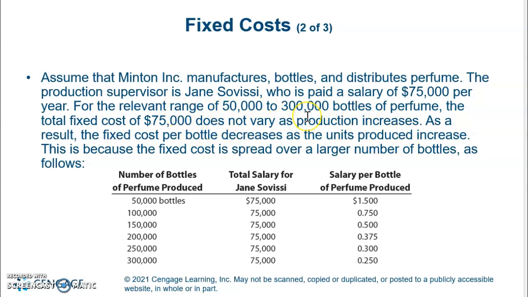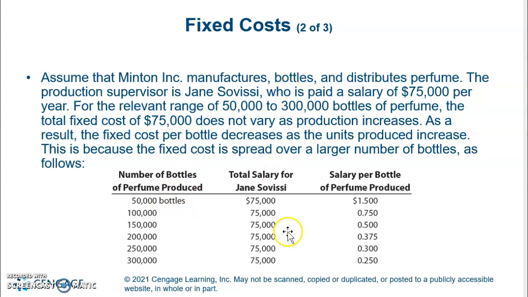Here we're looking at bottles of perfume. If I make between 50,000 to 300,000 bottles of perfume, my salary would be $75,000. So that's my relevant range.